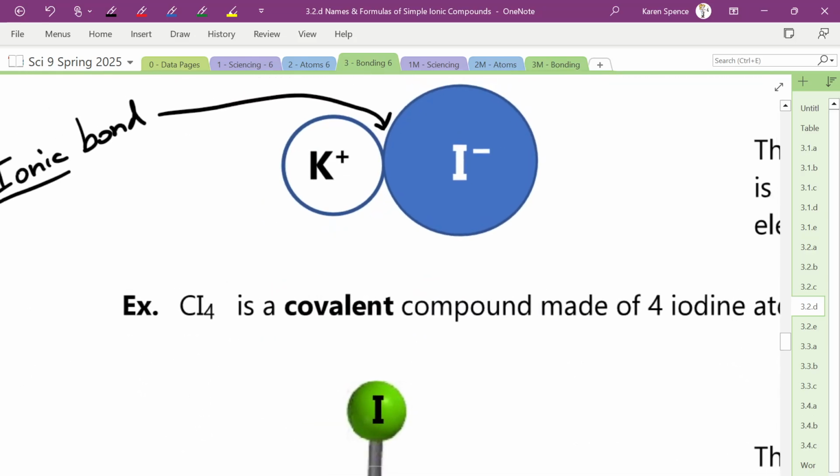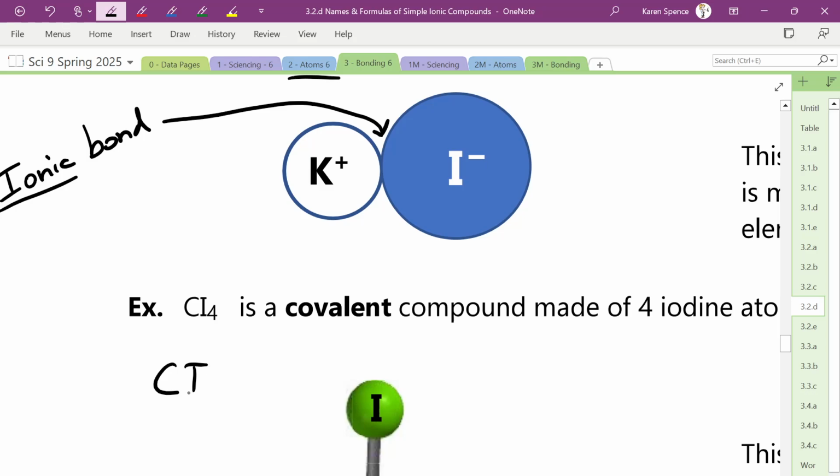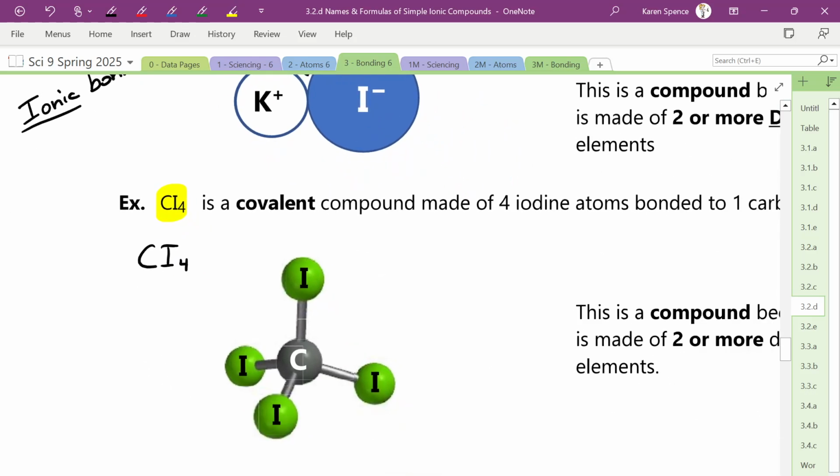Ooh, look. Here is a CI4. Do you see how the I has crossbars at the top and the bottom? CI4 is made of 4 iodine atoms bonded to 1 carbon. Is iodine a metal or a non-metal? Non-metal. Is carbon a metal or a non-metal?